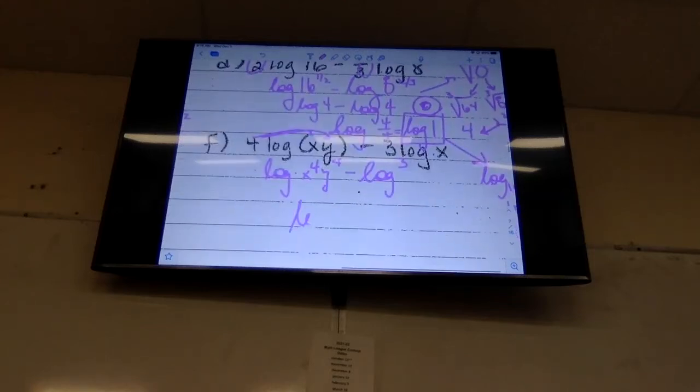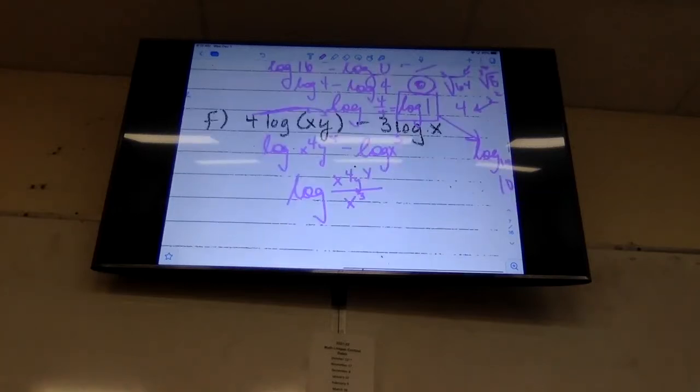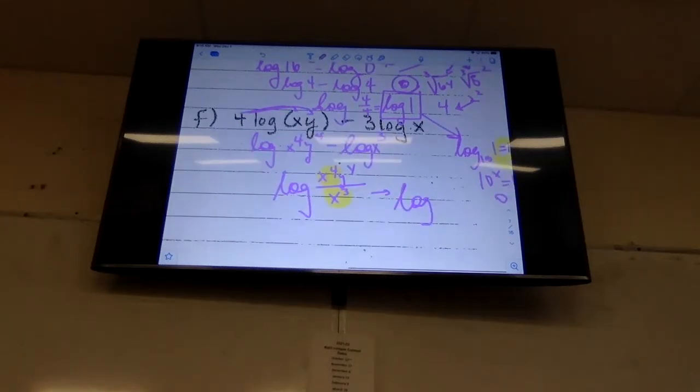Minus means that we're dividing, so I've got log x to the 4th, y to the 4th, over x to the 3rd. Oh, and we cannot forget our exponent rules. If you've got an x to the 4th on top and an x to the 3rd on the bottom, those cancel out, and we're just left with x to the 1st on top, which means I have no more bottom. I just have x, y to the 4th. Log of x times y to the 4th.